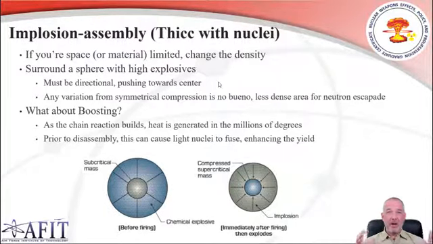Now, if you're a little bit off with where your explosives are or the timing on your explosives, you're going to create an area of lower pressure than the rest of the volume. And the material is going to want to flow from the high pressure region where it's being squeezed into that low pressure region. And what did you just do? You just created a low density area in what should have been a completely high density material.